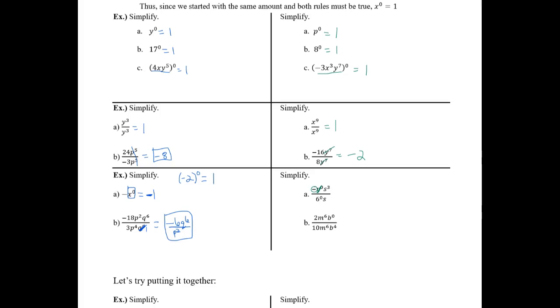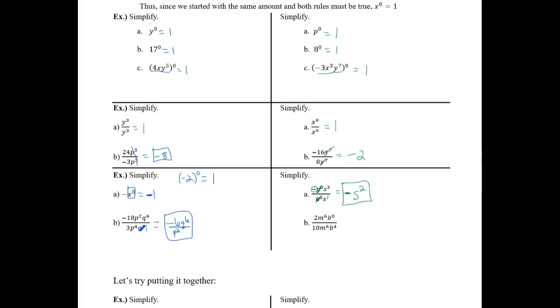It does not get the exponent. Only the r does. 6 to the 0 is 1. What's left? We have 1 negative. So overall, that will end up negative. S cubed divided by s, 3 minus 1 would be 2. So negative s squared.